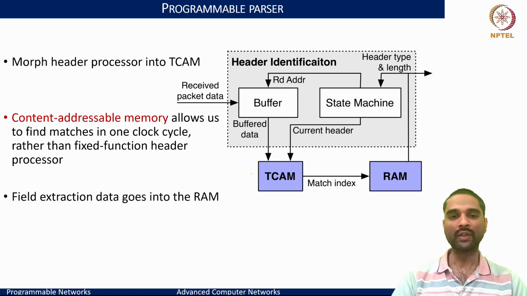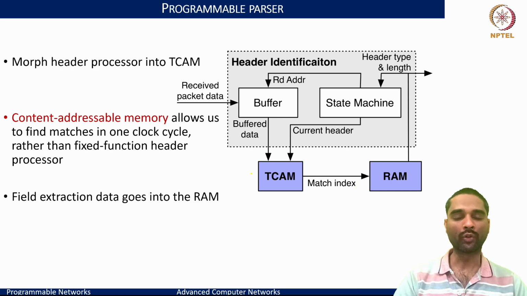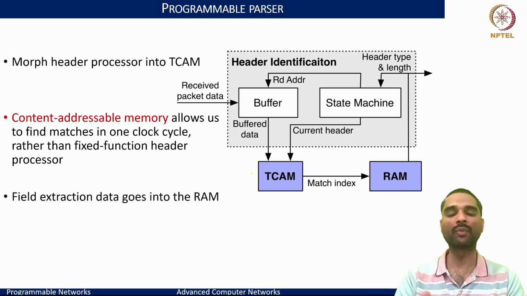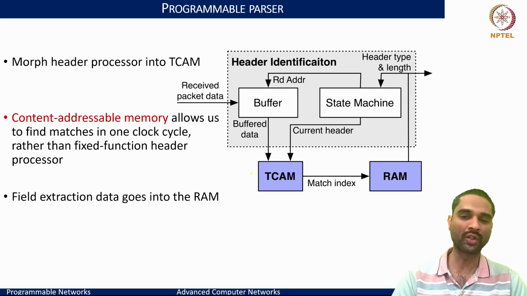And the utility of TCAMs, although they are expensive and power hungry, is that they allow us to find matches in one clock cycle. And this really comes at a performance benefit.